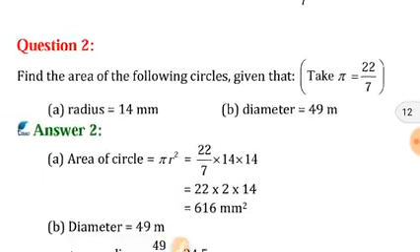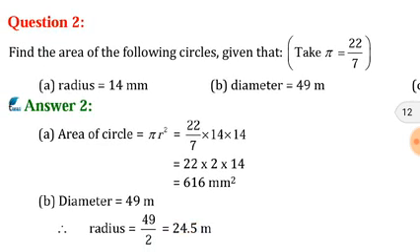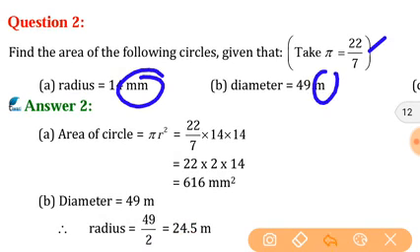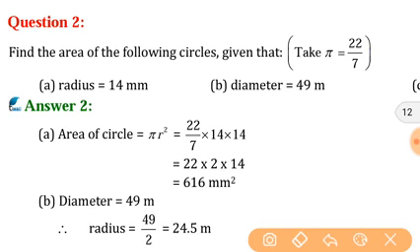Now the second one: find the area of the following circle, given that pi is equal to 22 by 7. The radius is given, 14 millimeter. We have to concentrate on the given data. Area with respect to r is pi into r square.